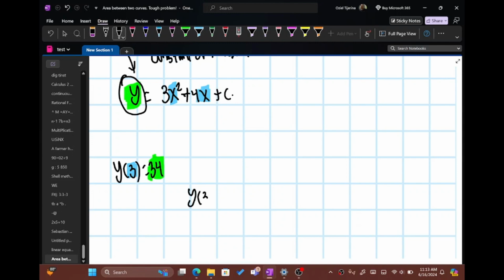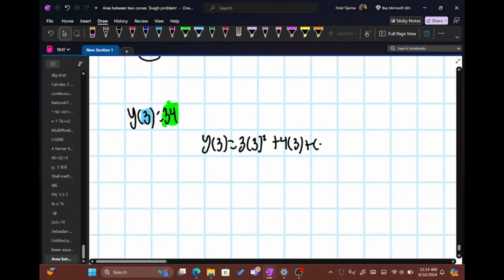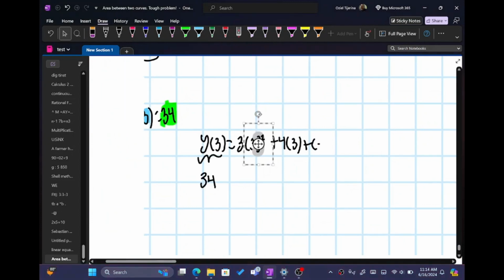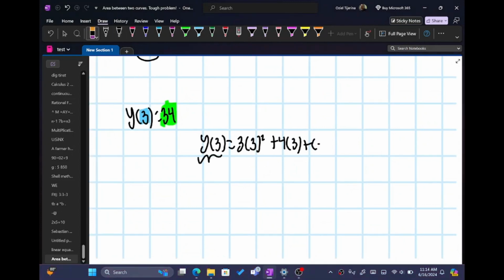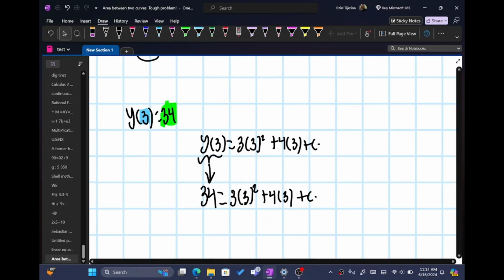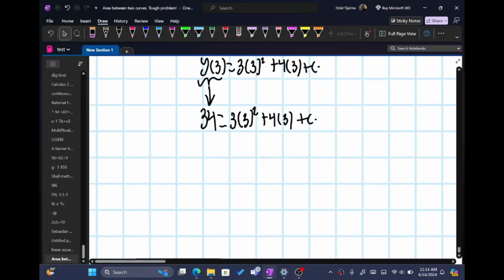So y(3) is equal to 3 times 3 squared plus 4 times 3 plus c. But like I said, this is 34. So we're given 34 is equal to 3 times 3 squared plus 4 times 3 plus c. We're just going to go ahead and solve this.